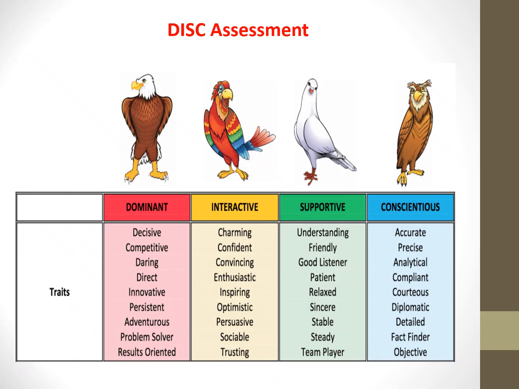The test contains 28 statements, each containing four options for the test taker to choose. Respondents are then identified as one of 12 different personality types based on their results. The important traits in the DISC assessment are dominant, interactive, supportive, and conscientious.